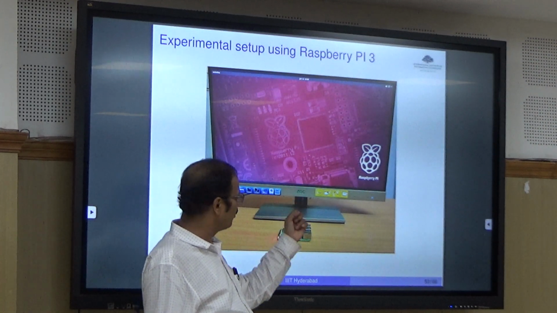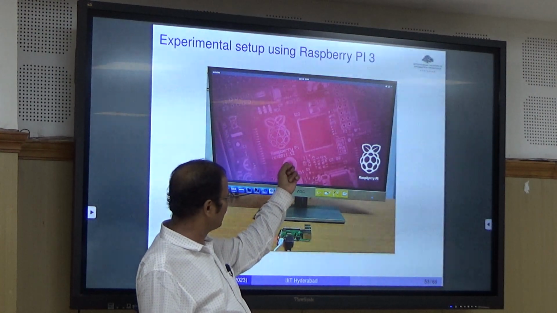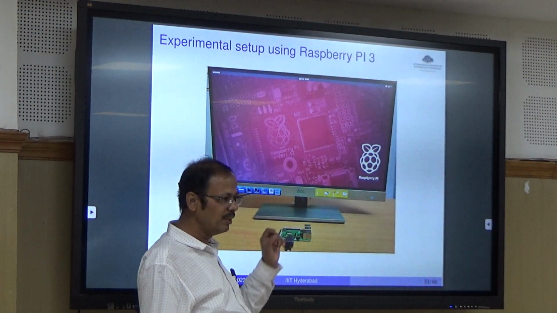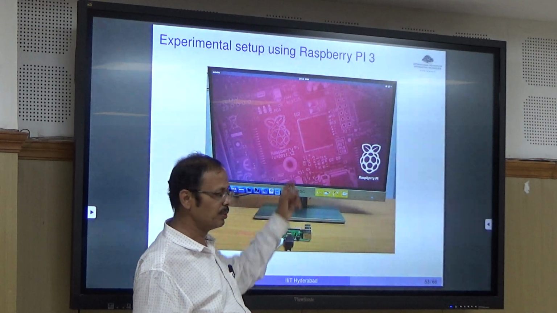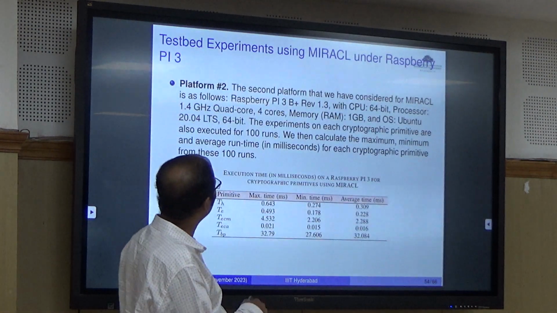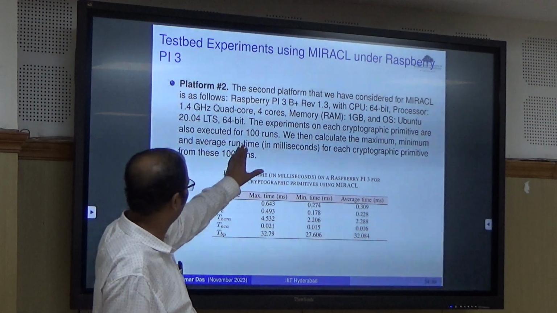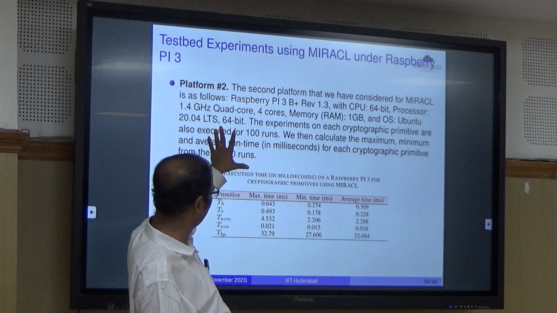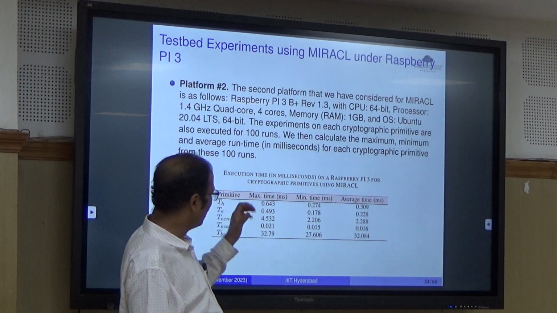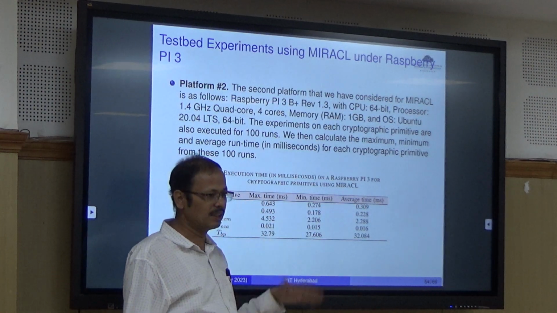From the terminal, we executed each and every primitive on the Raspberry Pi CPU. We took the Raspberry Pi B+ model with these configurations. We also ran it 100 times and measured maximum, minimum, and average time.